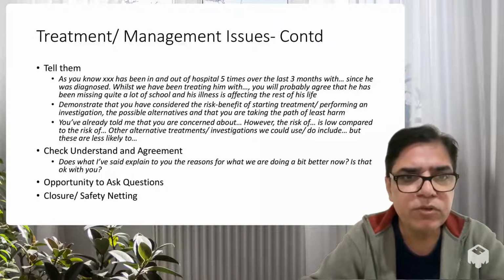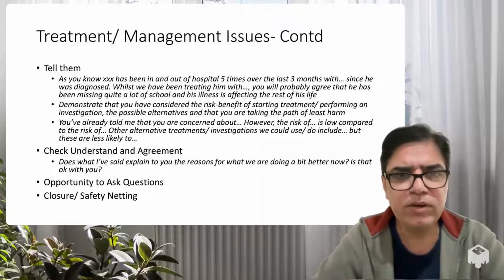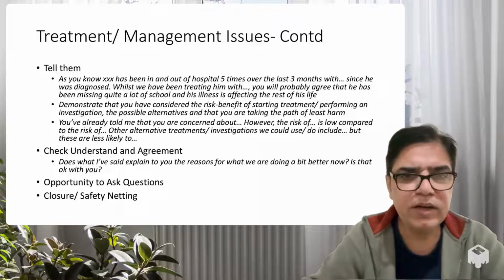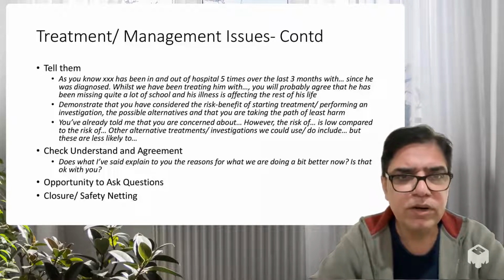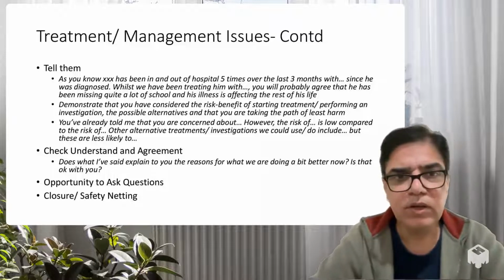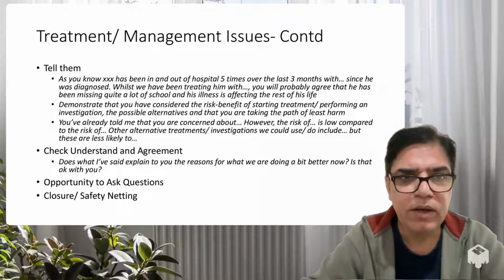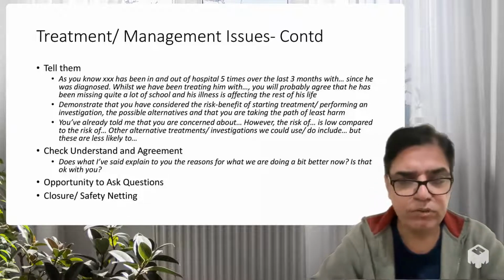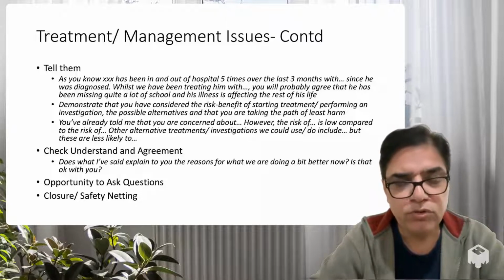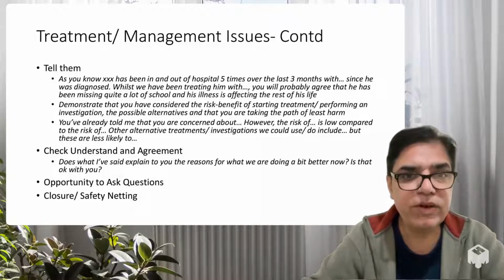Or you can tell them, let's say your son has been in and out of the hospital five times, again and again coming with this particular condition, and he was diagnosed with asthma. We have been treating him with as-needed medication, let's say salbutamol, and obviously your child has been skipping a lot of school, and you would also appreciate that it's affecting his quality of life.